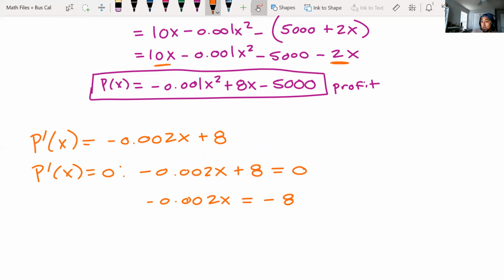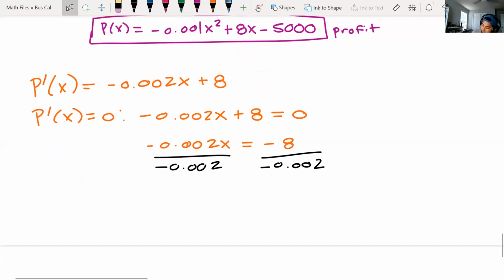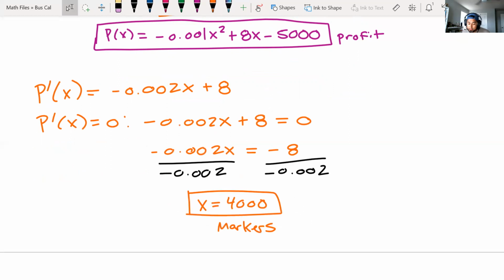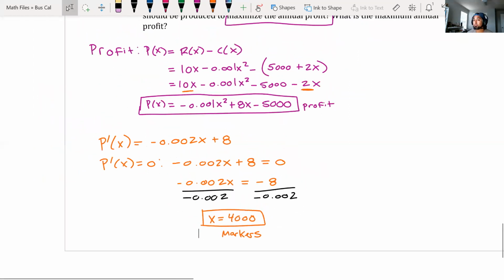Equal to negative 8. And then divide by negative 0.002, negative 0.002. And then 8 over 0.002 gives me positive 4,000. Oops. So x equals 4,000 markers. This is how many we need to produce to get the maximum profit.